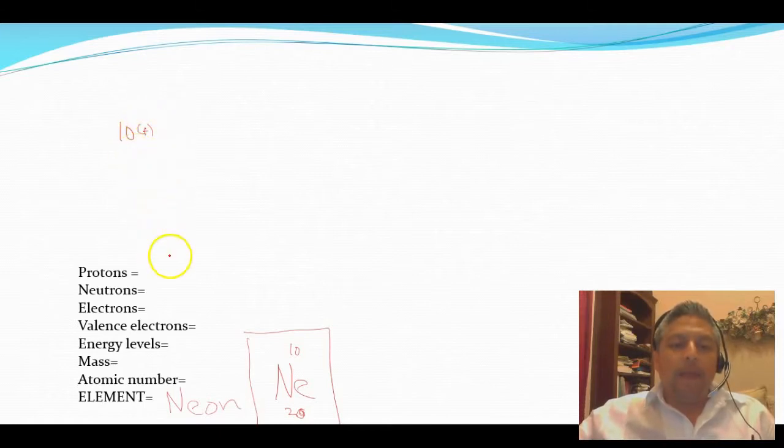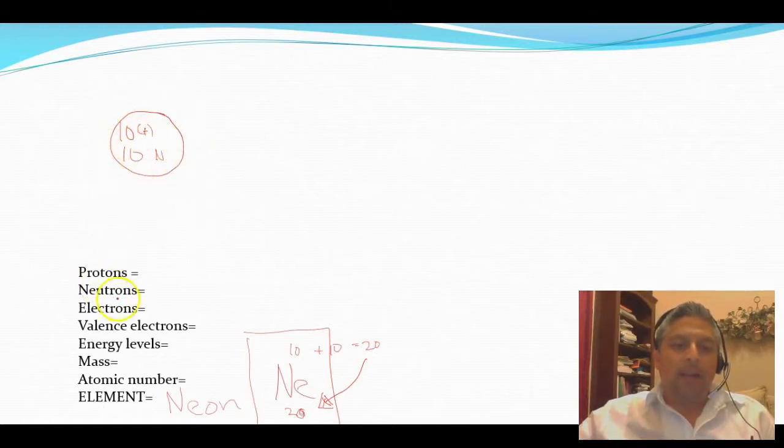There you go. And then we have neutrons. We're going to have 10 more because the mass is 20. And remember, adding 10 plus the neutrons should give us the mass, which is this number right here on the bottom. So that's 10 neutrons.